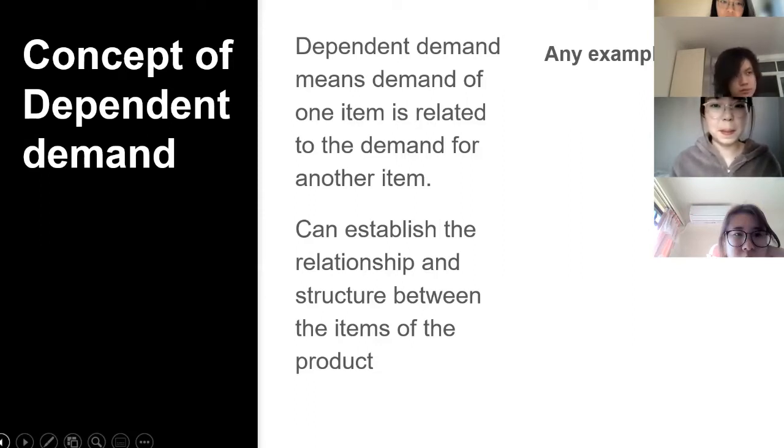So if you want to complete one final product, you need to have this number of screws, for example, or even the casing for the computer. One casing is required to make one computer. One hard disk, one computer. So one computer consists of hard disk, casing, keyboards. So all these are dependent.